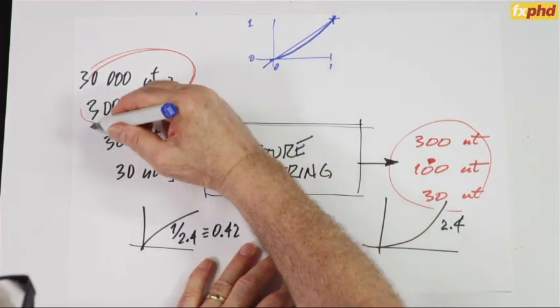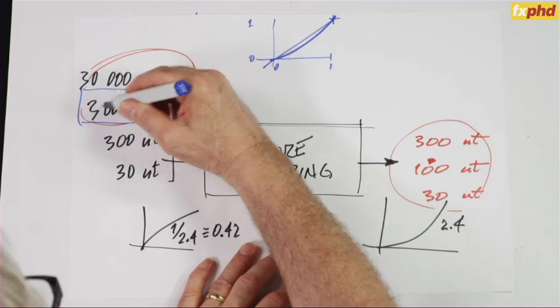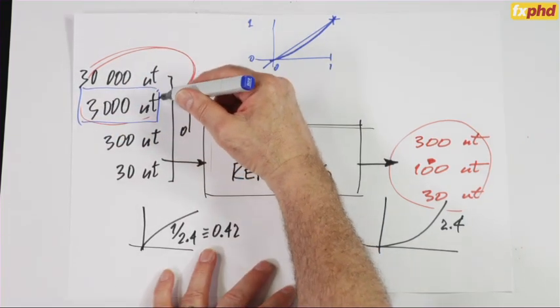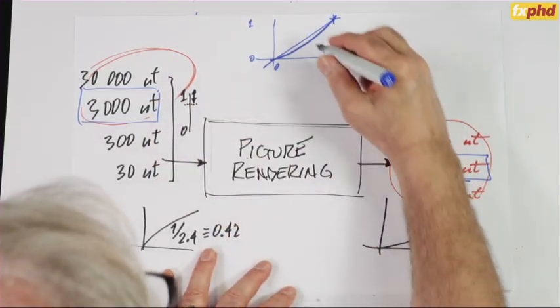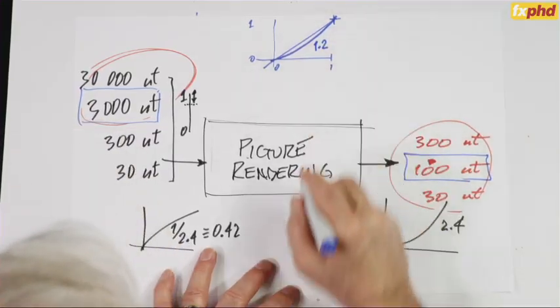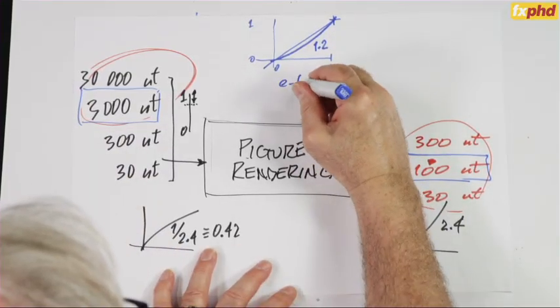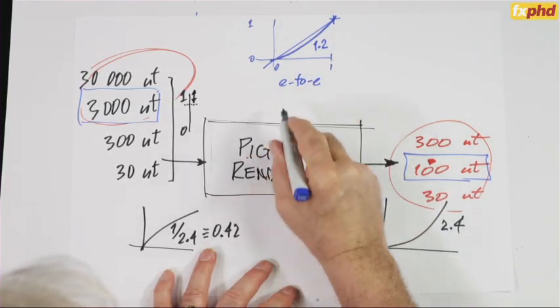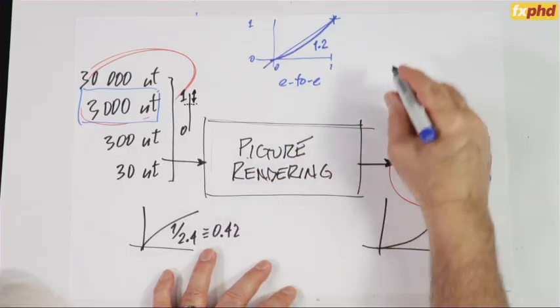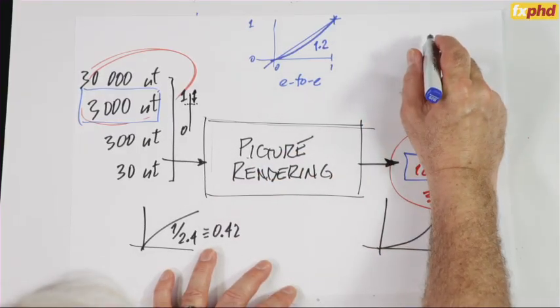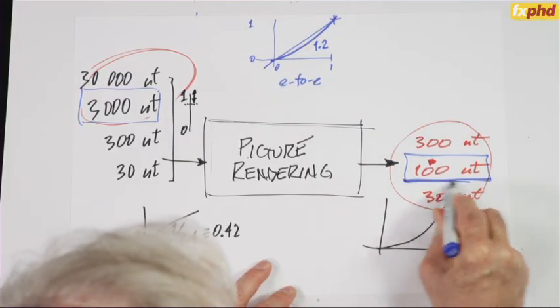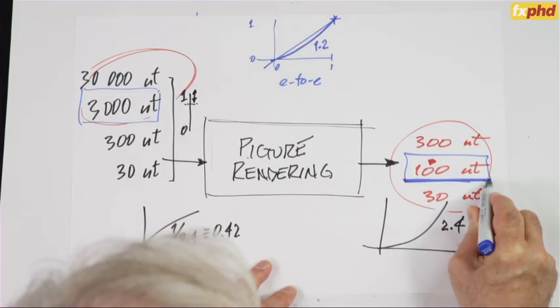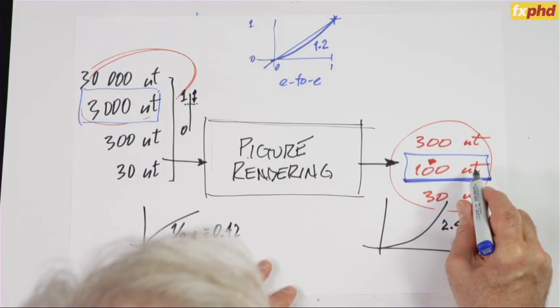And for a situation going from about 3,000 nits in a studio to about 100 nits mastering HD, the appropriate power function is about 1.2. And that's what I call the end-to-end power function. And that power function increases the colorfulness and increases the contrast to make it look like this is outdoors, even though it's only 100 nits.